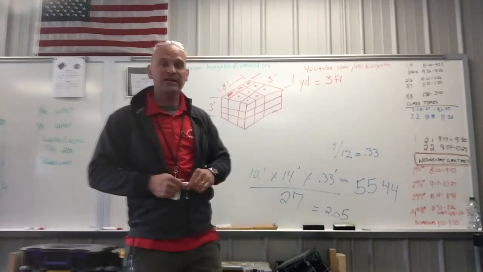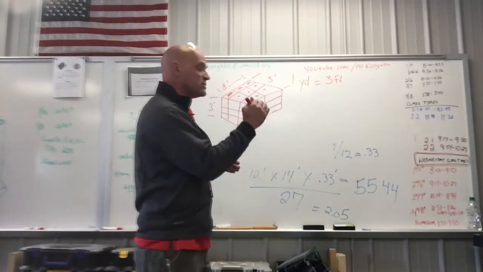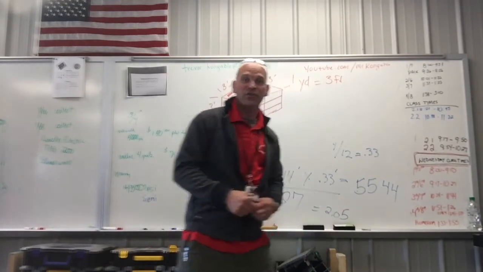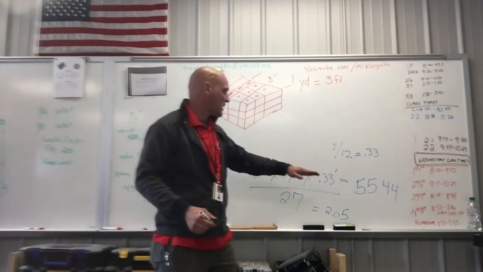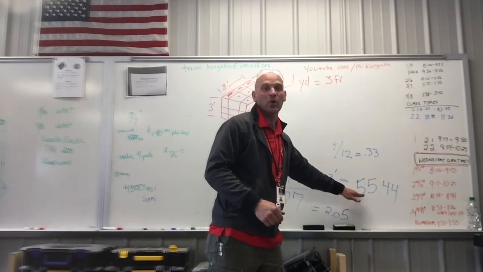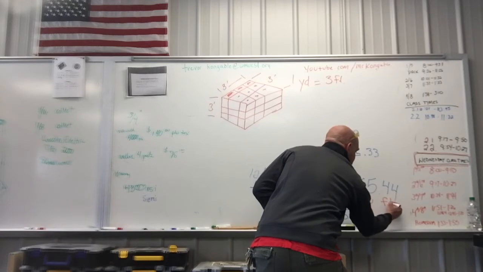So when we talk about cubic feet converting to cubic yards, you take your answer, which for us, we had 12 times 14 times 0.33, which gave us 55.44 cubic feet.